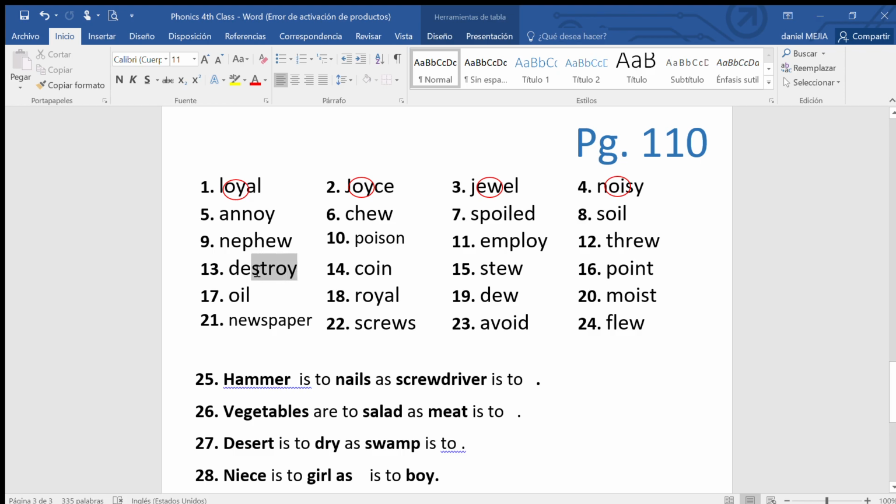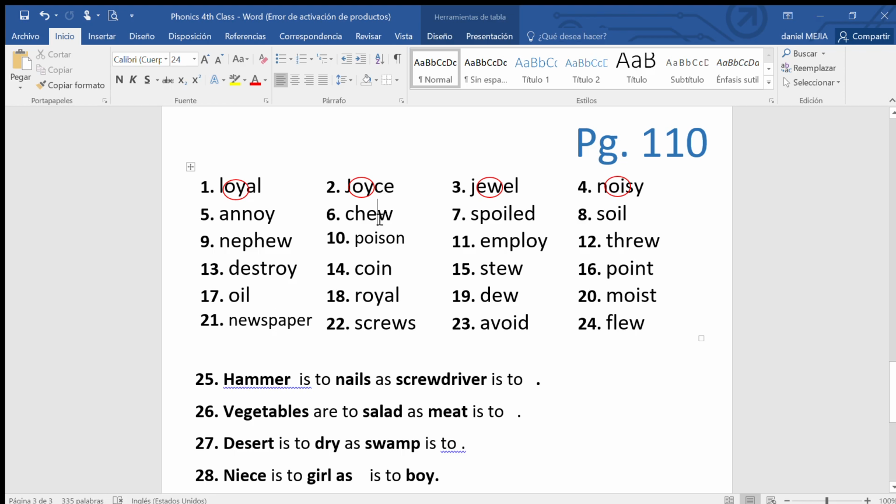Then we have destroy, okay? When you break something, you rip it, and you cannot use it anymore, it means destroy, okay? Oil, when you use it for cooking or for the cars, okay? Newspaper, where you could read the news, find advertisements. Joyce is a name, okay?